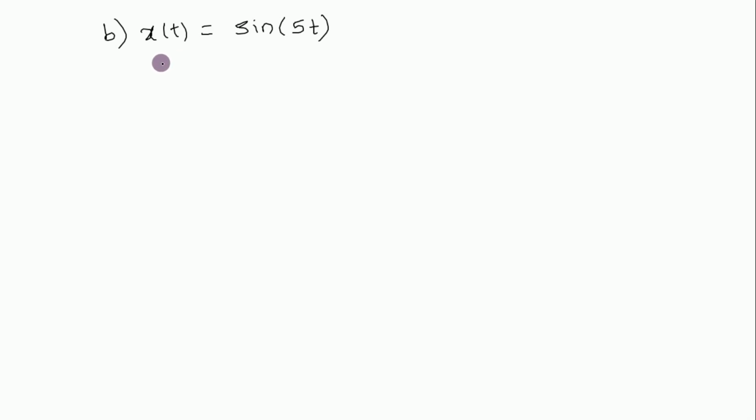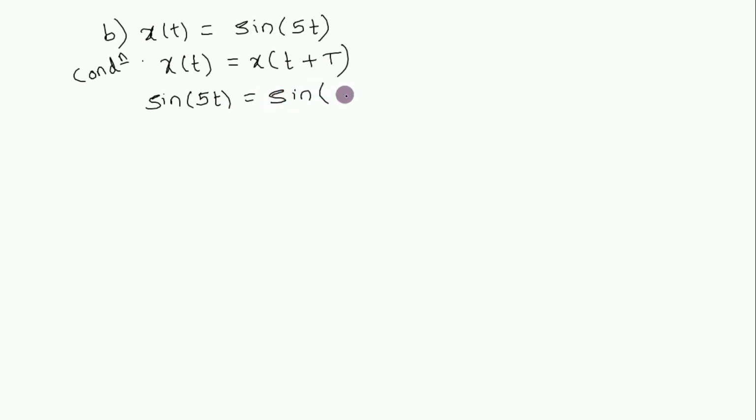For that you have to apply the condition: x of t should be equal to x of t plus capital T. So sine of 5 t should be equal to sine of 5 times (t plus capital T).